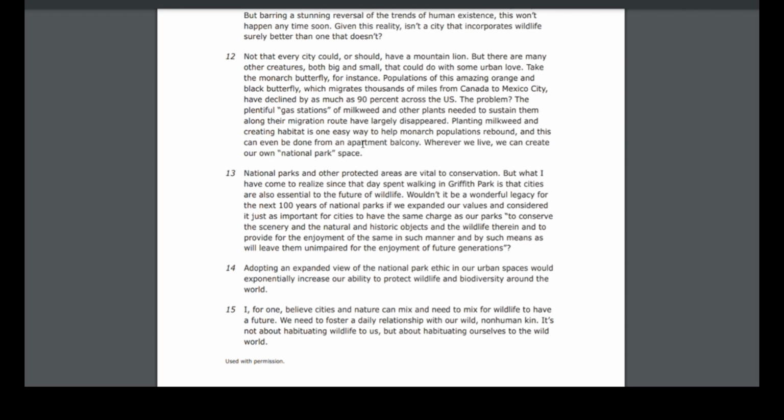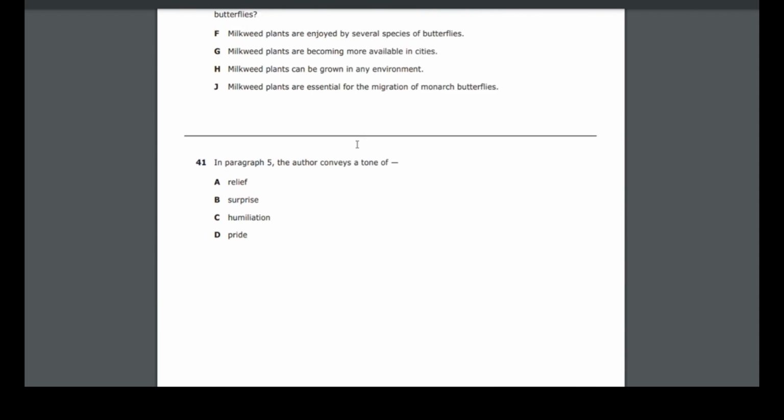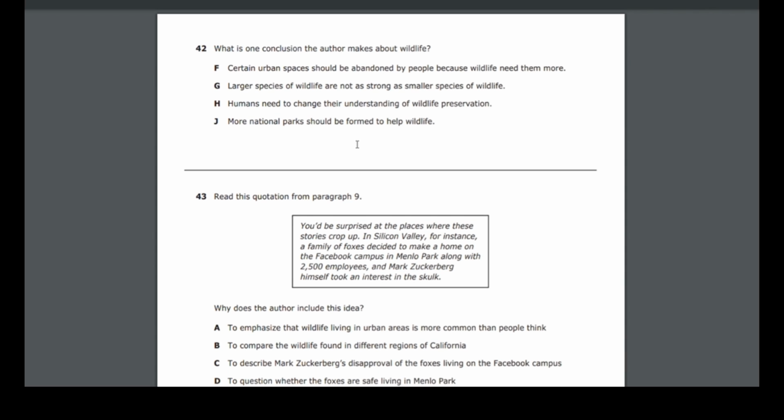Planting milkweed and creating habitat is one easy way to help monarch populations rebound, and this can even be done from an apartment balcony. So we didn't even have to read the whole thing, but we do know that the butterflies need the milkweed in order to get nutrients as they migrate south.